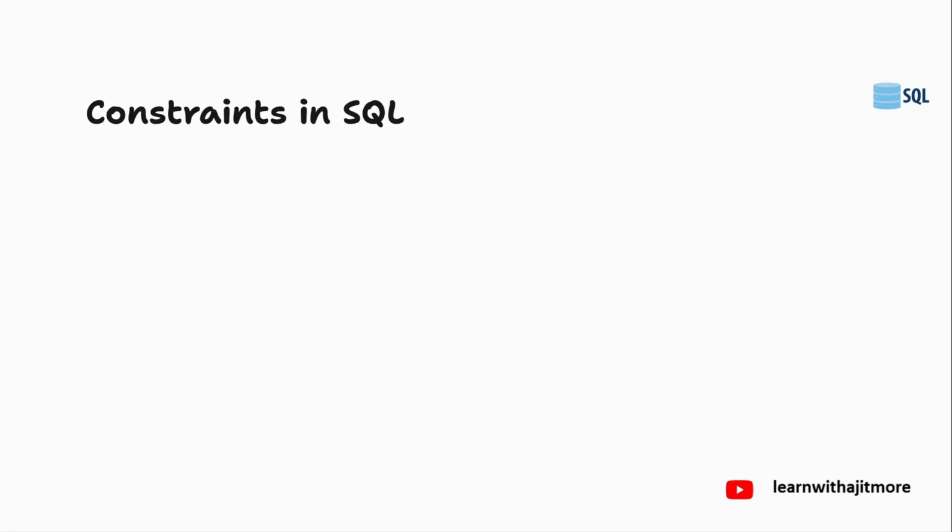First, what is constraint? Remember, constraints are conditions, or they are the rules which you're applying on the columns in the table. Okay, so your table is made up of columns.